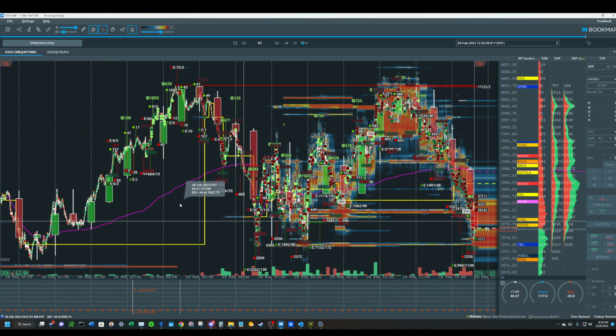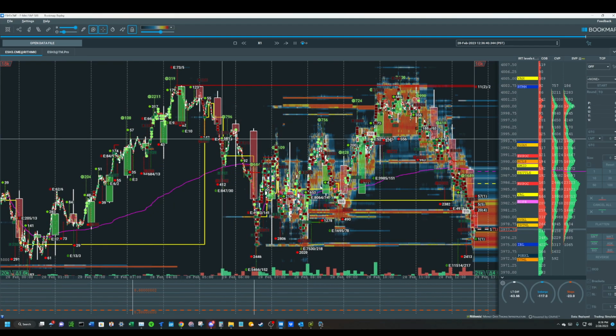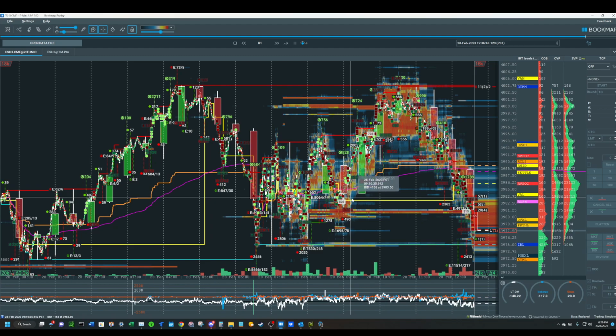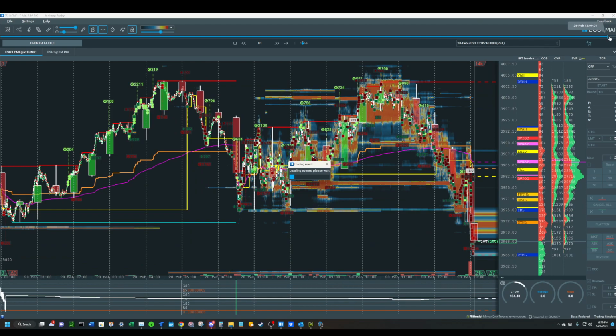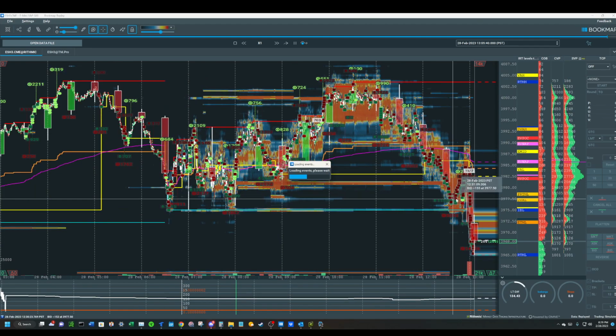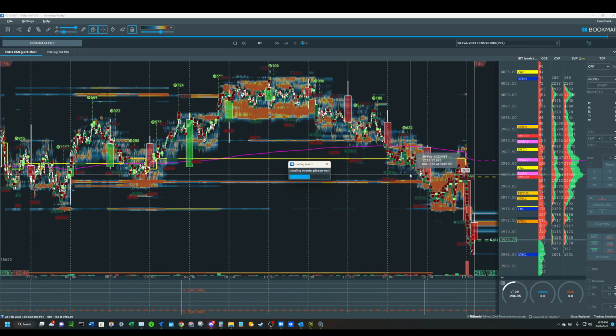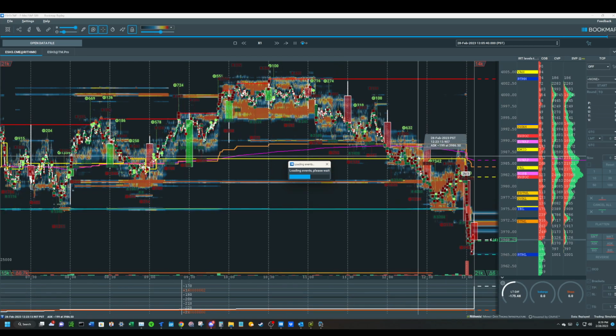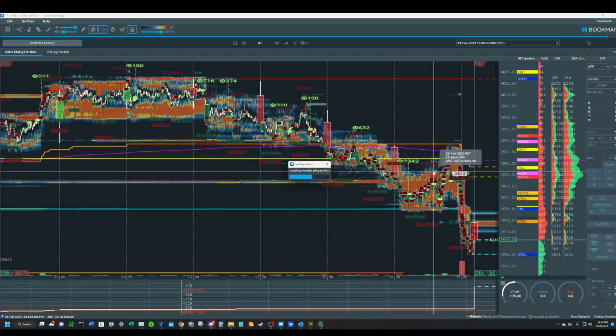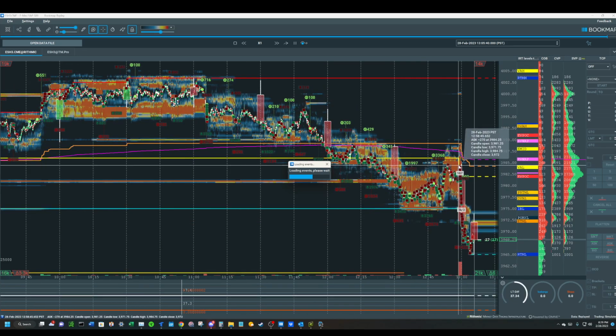So see how the VPOC keeps shifting? It's like it just did a bunch of mean reversion all day, up until the end, right near the close.